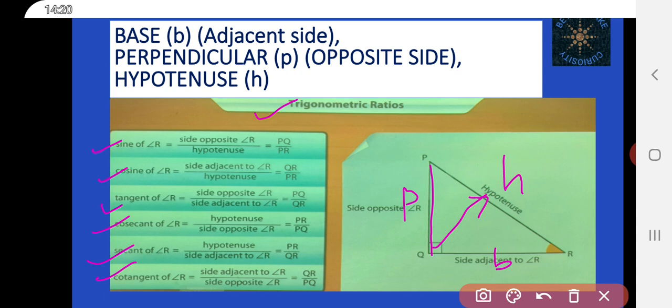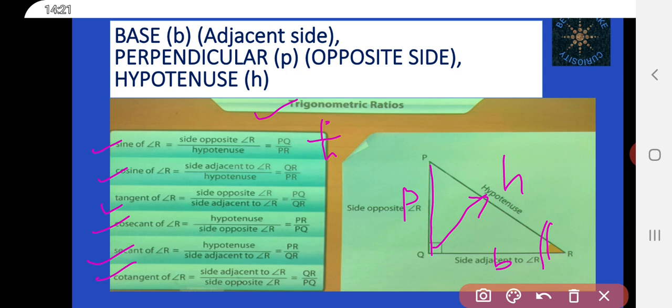So you remember that sine of angle R, if you take this angle, then sine of angle R is your P by H. P by H means side opposite to angle R by hypotenuse, that is PQ by PR, that is P by H. Okay, cosine.